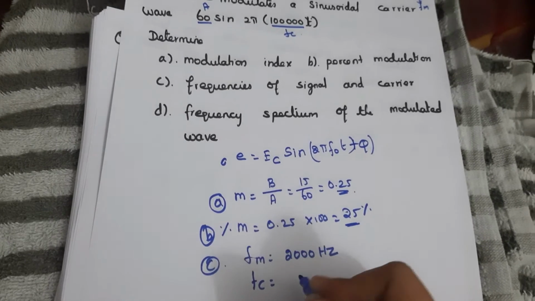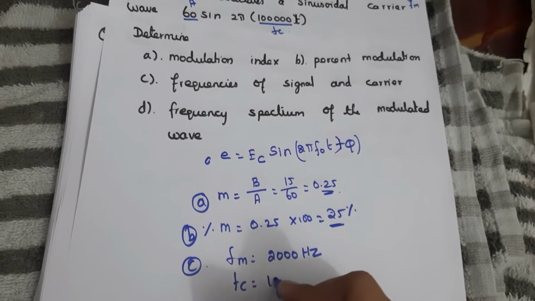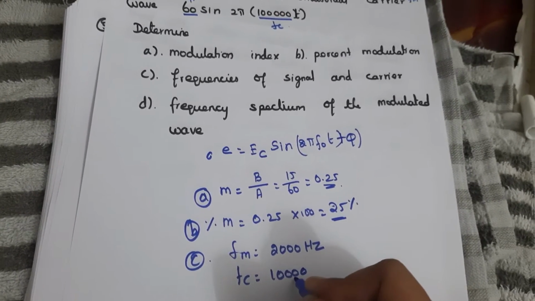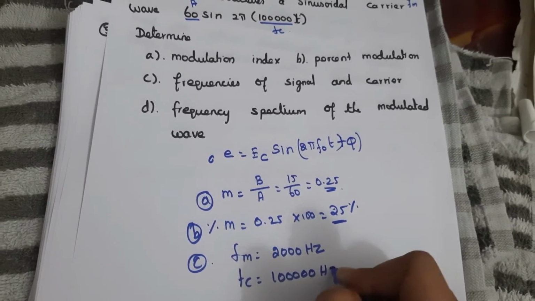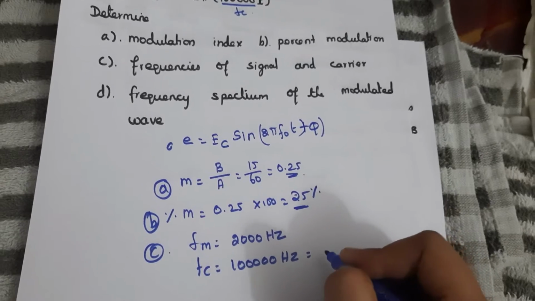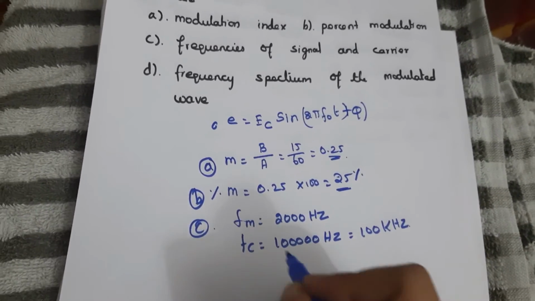Similarly FC, we can write it in hertz, is 1,50,000 hertz. Otherwise that is equal to 100 kilohertz. So this is FM and FC.